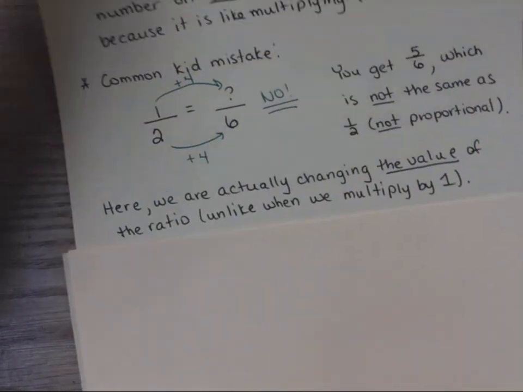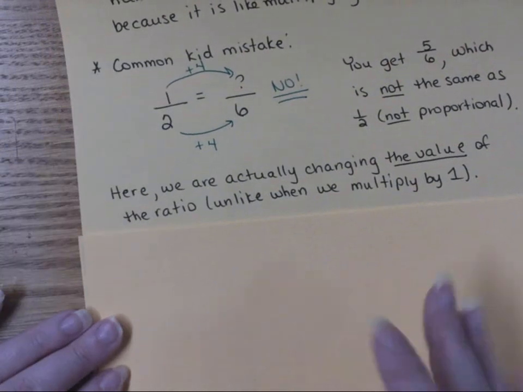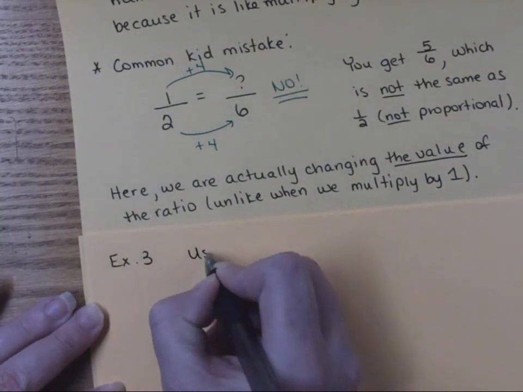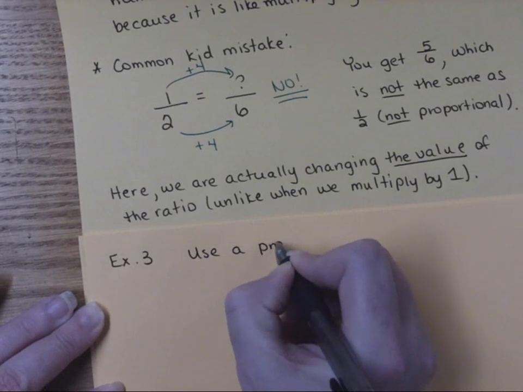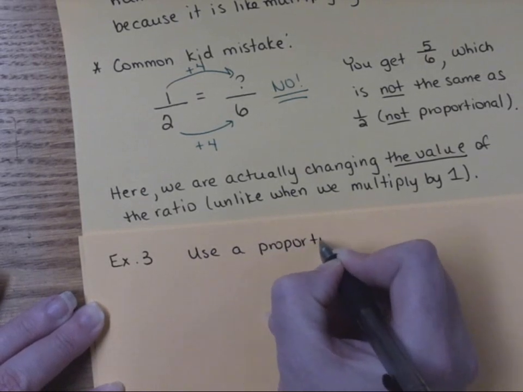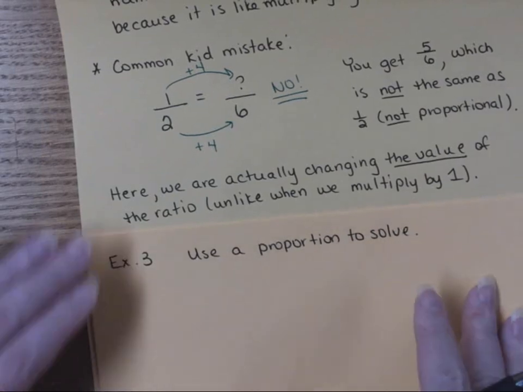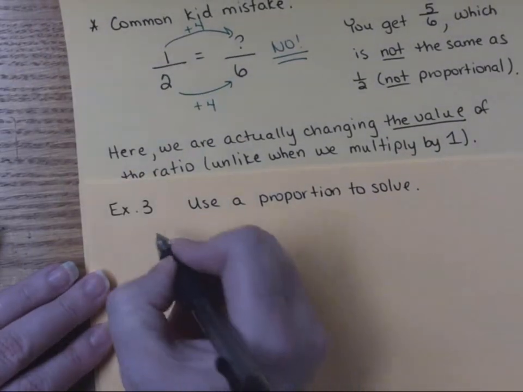Okay, so let's look at another example. Let's use a proportion to solve. So a proportion is really similar to a table, it's just we don't have the fancy organization of the table. The math involved is really the same.